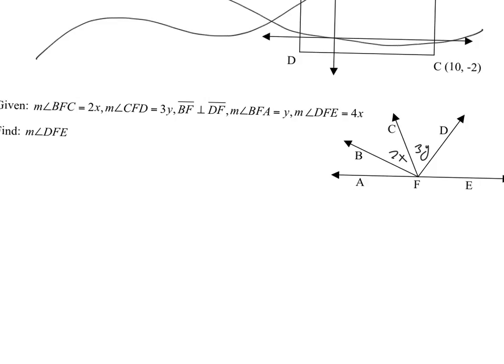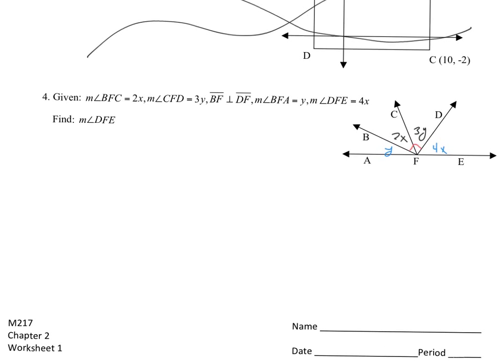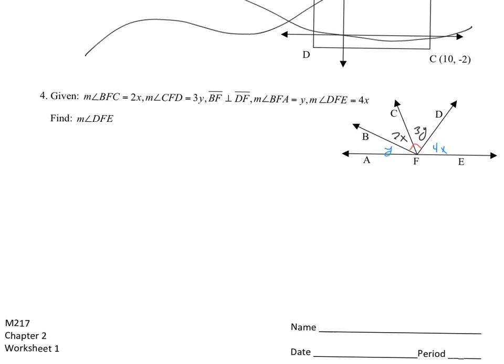So we're going to have a right angle right there. BFA is equal to y. And DFE is equal to 4x. So what we want to do here is find the measure of DFE.